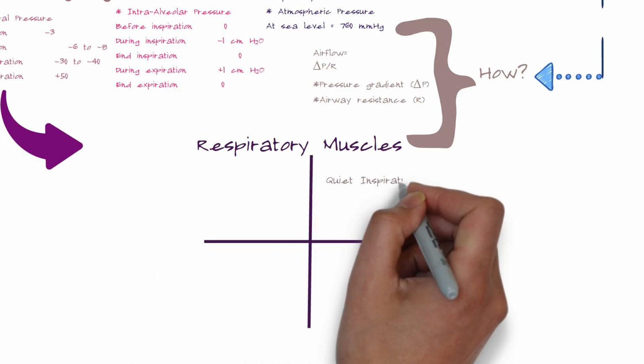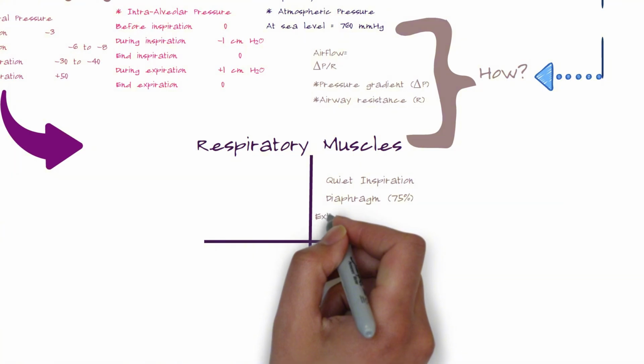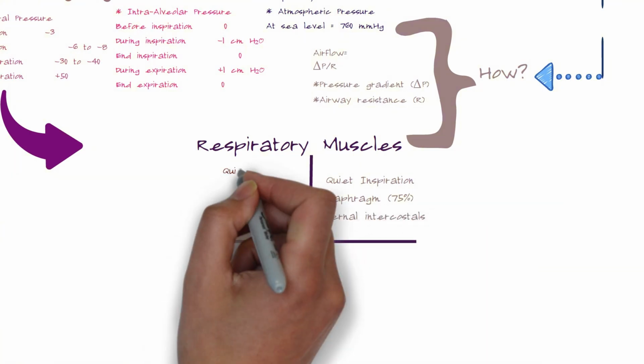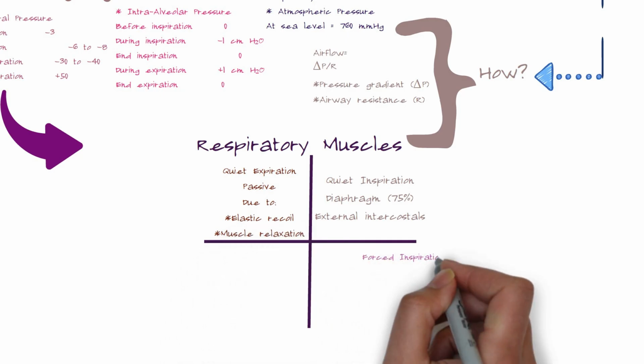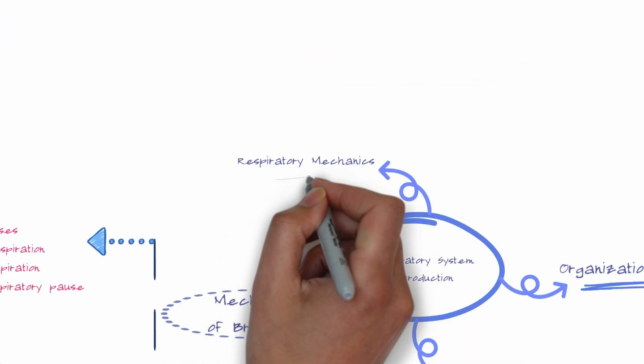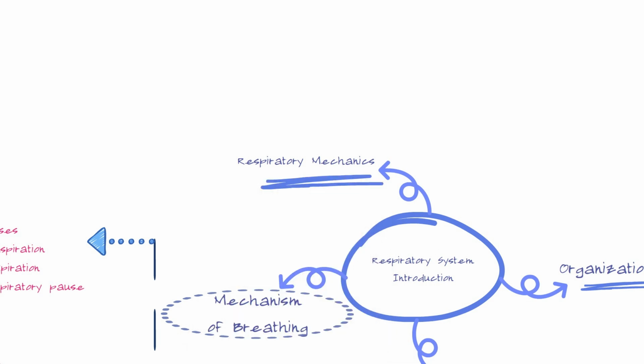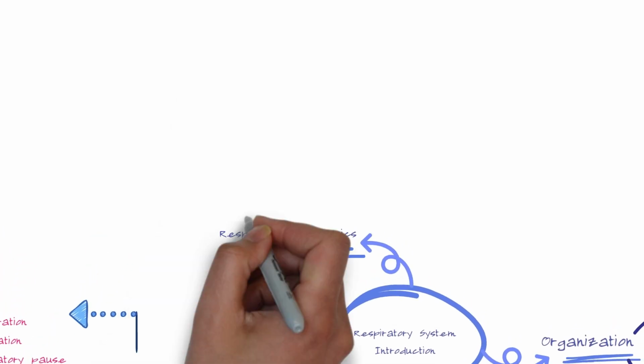With forced inspiration, in addition to the diaphragm and external intercostals, we have two S muscles, which are sternocleidomastoid and scalene. And for forced expiration, for the first time, we use muscles for expiration, which are the internal intercostals and the abdominal muscles.